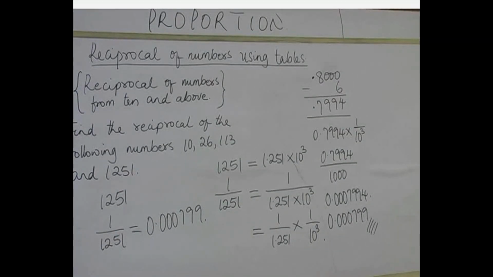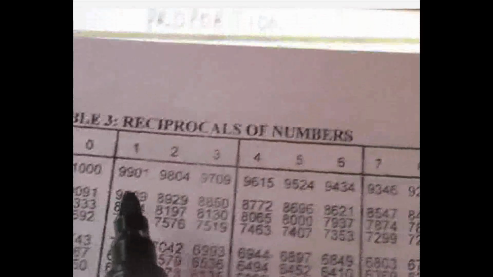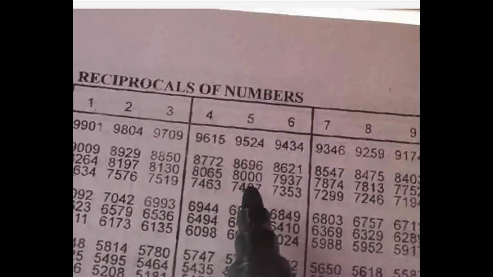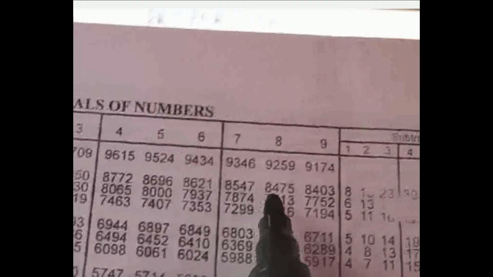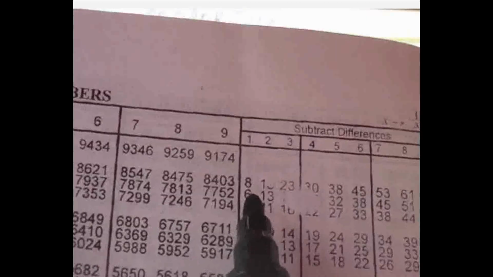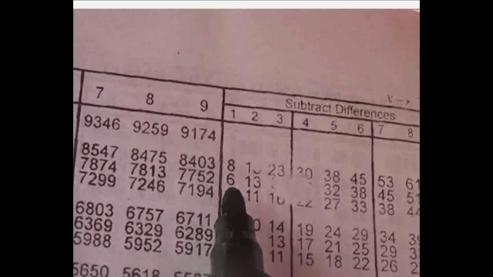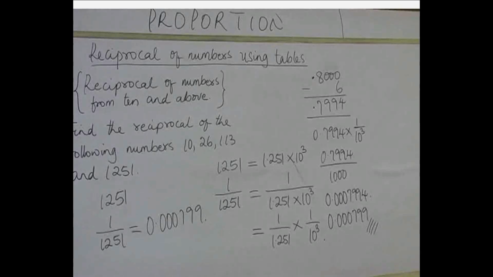Then difference 1, you can see 1 after 12 under 5. 1 is still remaining. So 12 under 5, which give us 8,000. Trace the difference of 1. You can see the difference of 1 there. Yes. The difference of 1 is 6. That was why you saw us subtracting 6 from 0.8000.